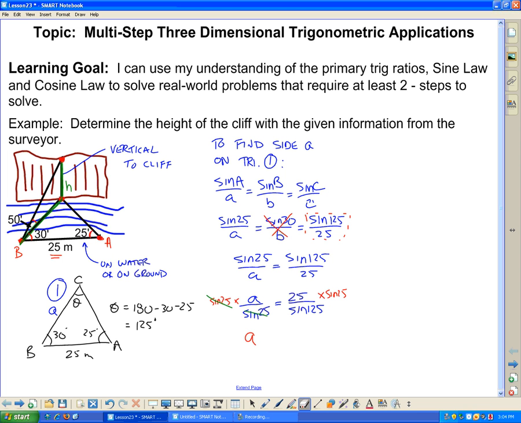So our A value, we can just go straight to a calculator. So I know that A value then, 25 times sine 25 divided by sine 125. So I get 12.9 meters. So it's 12.9 meters across the river.